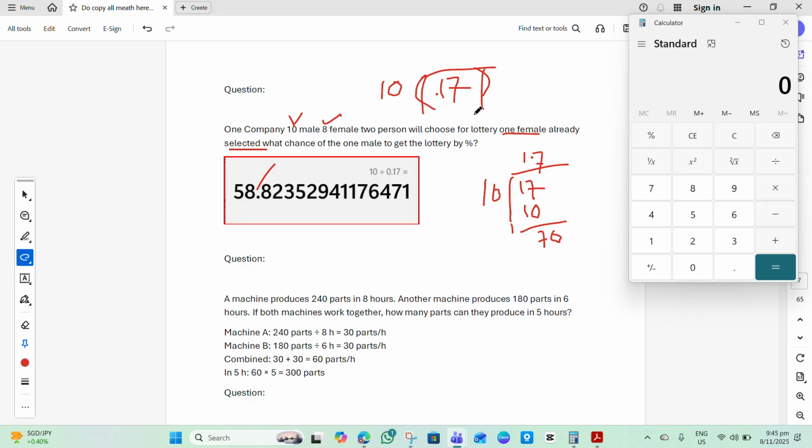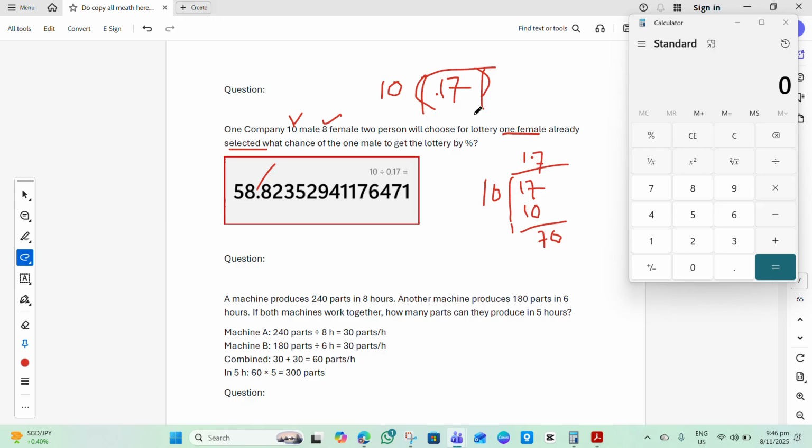So out of 17, let's say we break down 17 equal to 100%. If 17 out of 17 is there, how many percent is men? So 10 divided by 0.17 is like the formula, right? Yes, correct.